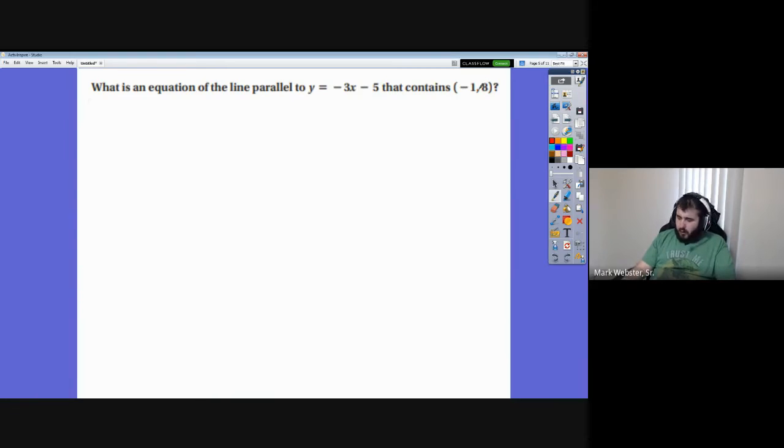So a lot of you are going to make the same mistake that everybody else does, everybody else has, and everybody else will. You're going to try and reuse this equation in some way, shape, or form. Don't. There's only one bit of information that matters from this equation, and that's the slope.